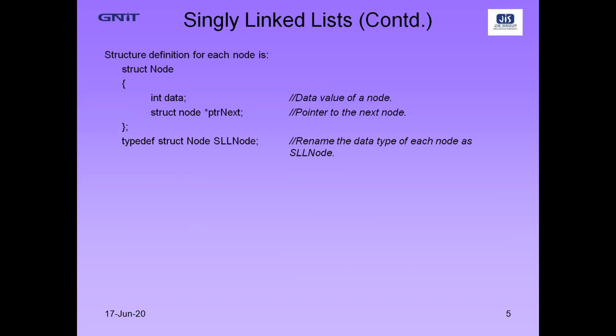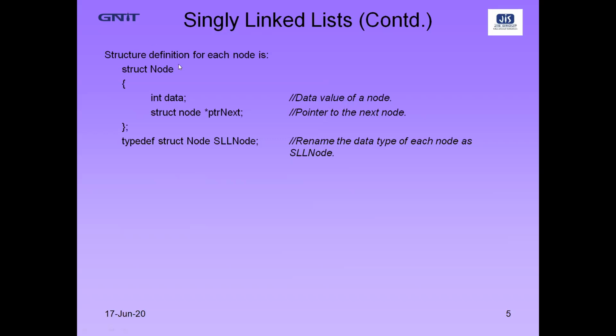Okay, and so that's why each node has two fields. First one is the data field to store the information, and the second field is the link field which contains the address of the next node in the list. So from the concept of self-referential structure, the structure definition for each node in a singly linked list is defined in this way.